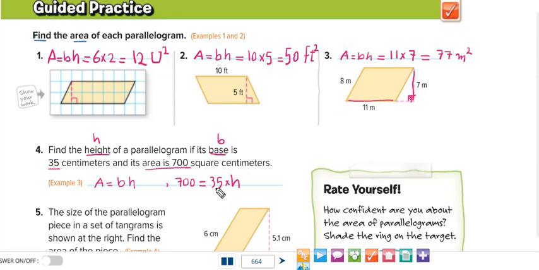Yes, I can hear someone saying we will divide by 35. Yes, sure, we will divide because this is a multiplication equation. Now if you divide, 700 divided by 35 will give you what? Yes, excellent, it will give 20. So the height H equals 20. 20 what? Centimeters.